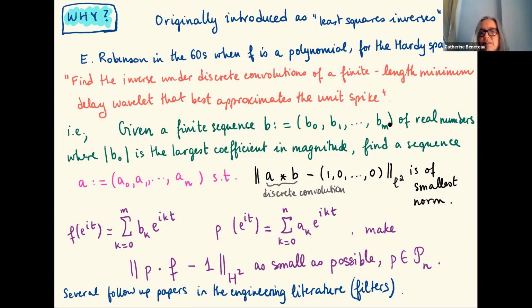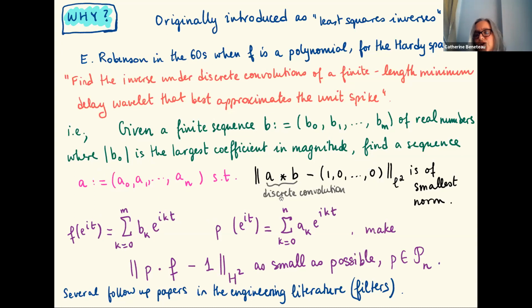And so given a finite sequence of the coefficients of this polynomial, this minimum delay in this context, it means that the first coefficient is the largest coefficient of this sequence. Find another sequence. So for each n, I might be interested in finding another sequence such that the discrete convolution of these two finite sequences best approximate the unit spike, which means with a 1 in the first position in the little L2 norm.